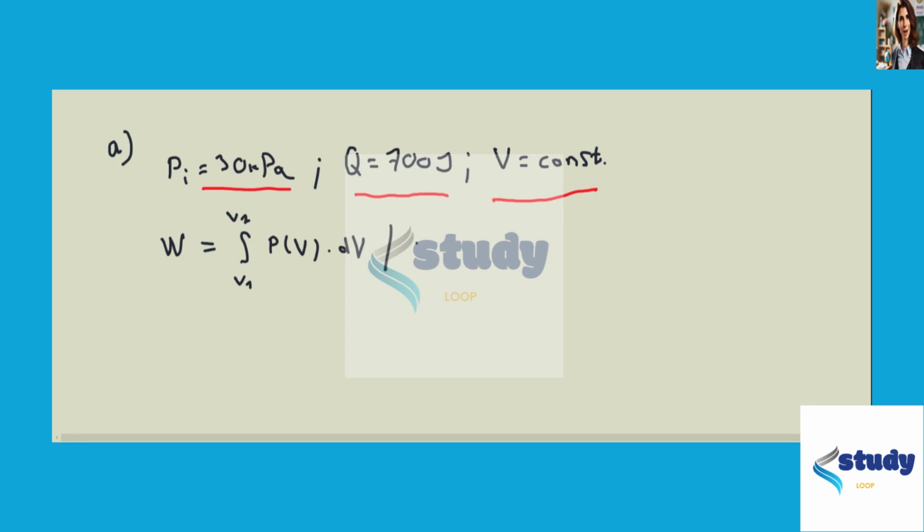And if the initial and final volumes are equal, or if volume is constant, that implies that the integration will always be equal to zero, and therefore the work will always be equal to zero. So for this part A, the work AB is going to be equal to zero.